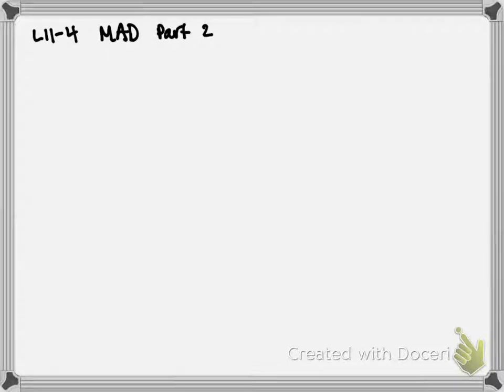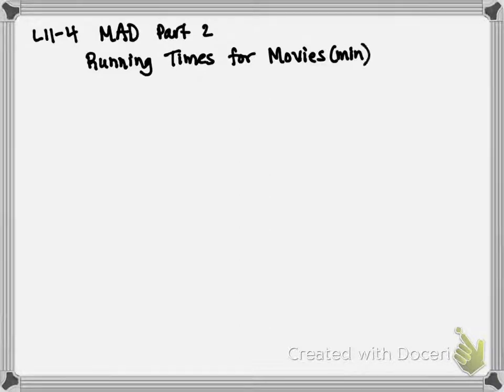So what we have is running times for movies, and it's going to be in minutes. Now, I'm just sharing with you, these notes are a little different than what we're going to be doing in class. This is just giving you some more details as you need it.